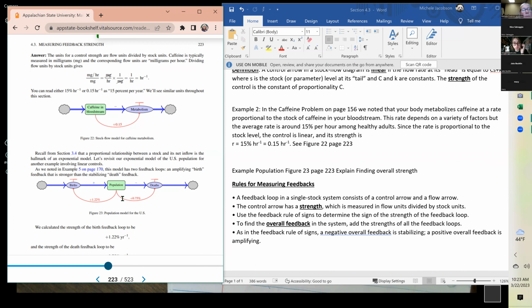These two, when we did them, were both positive because as the population grows, it increases the number of births. As the population grows, it also increases the number of deaths. So we have 2 stock flow models. This one is amplifying. This one is stabilizing. Any questions on that part?